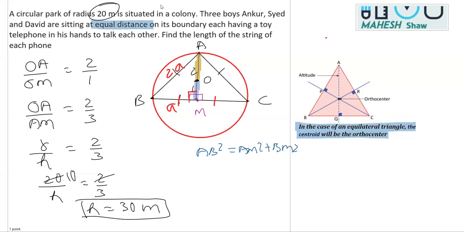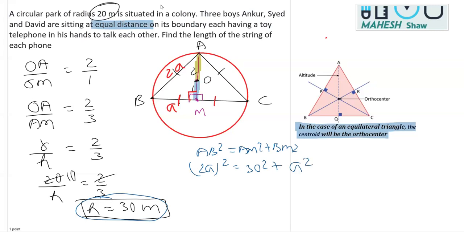Further, the length of AB, which is 2A square, is equal to AM, which is the height, 30 square, plus BM, which is A square.